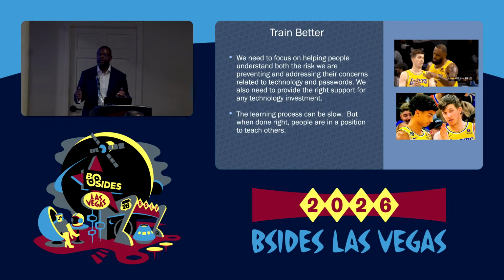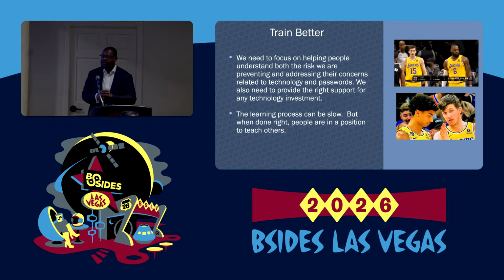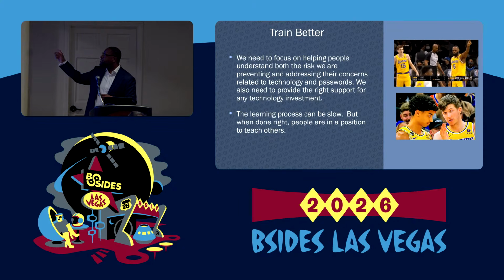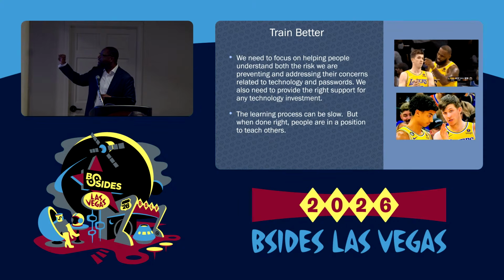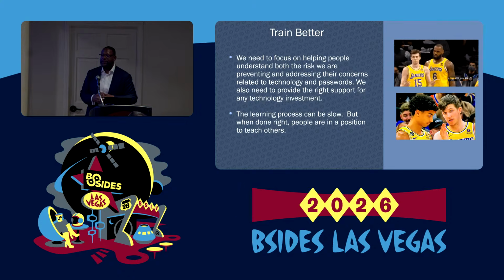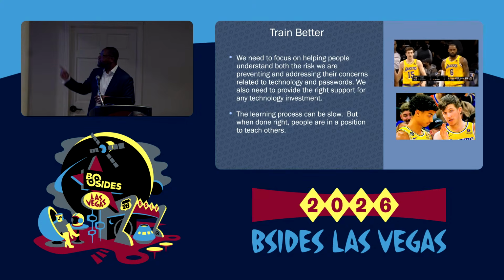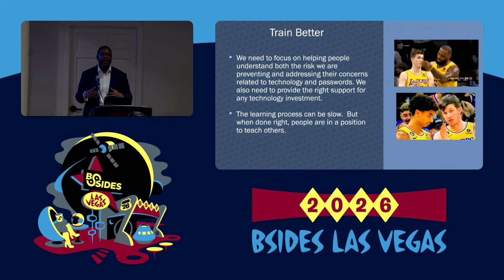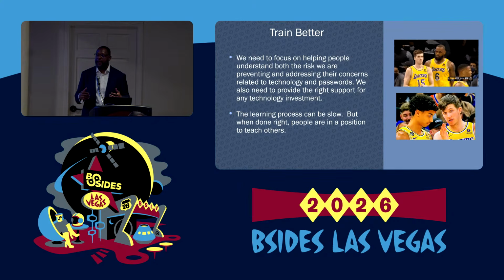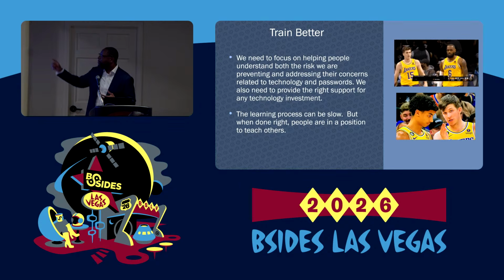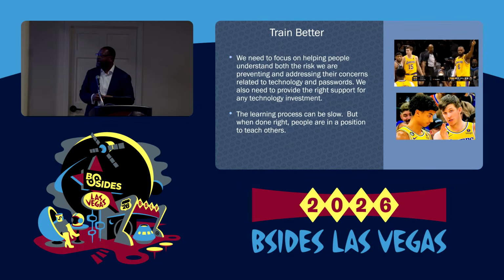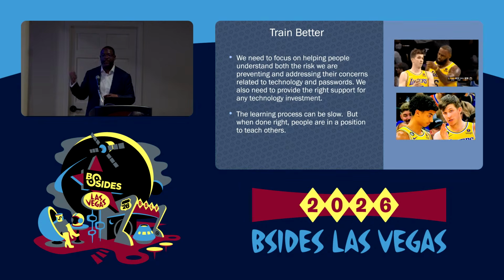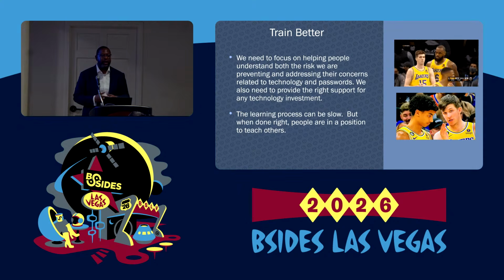Next, we need to train better. In all of my presentations, when I talk about training, I always use this picture of LeBron teaching Austin Reeves about a play. And you can see Austin's face. He is very, very confused, because training is a long process and it doesn't always click for people. But then we see the picture at the bottom, and this is Austin Reeves the next year teaching another young player how to do something.